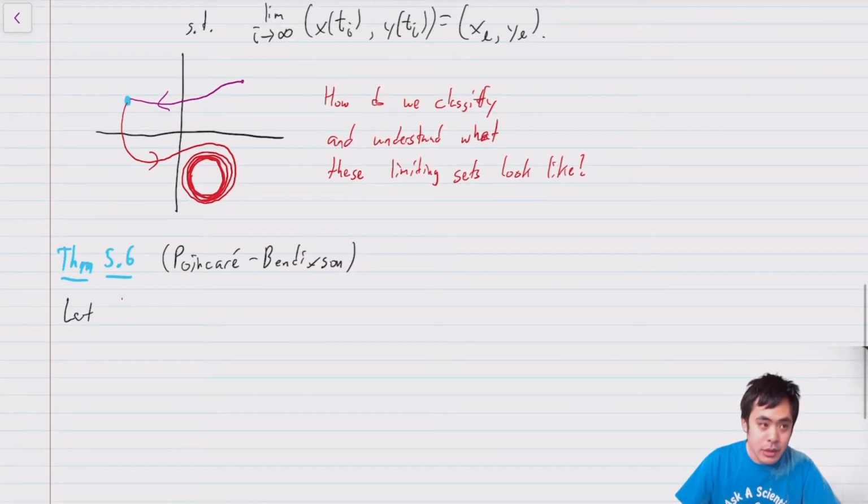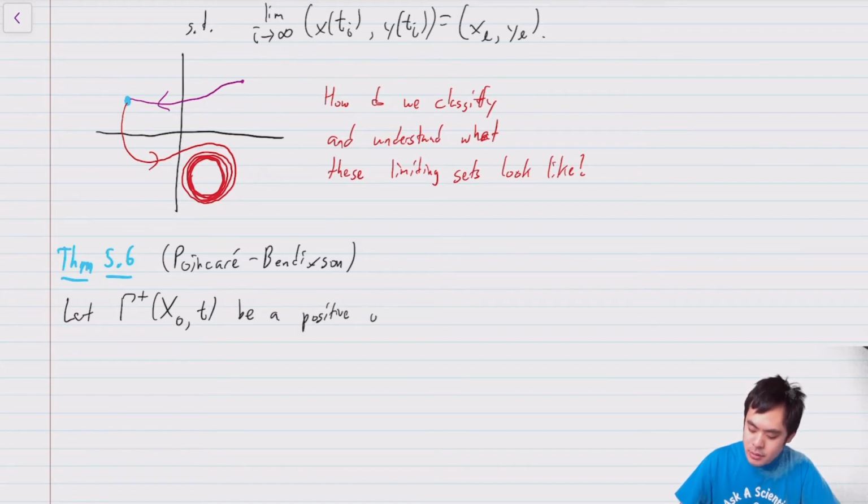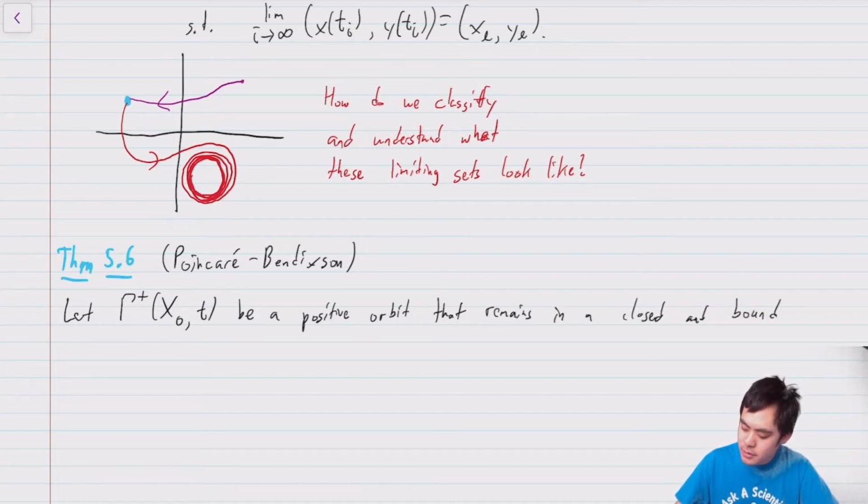So we're going to let gamma plus of x naught, t be a positive orbit, so as time moves forward towards infinity, that remains in a closed and bounded, so a compact, region of the plane.